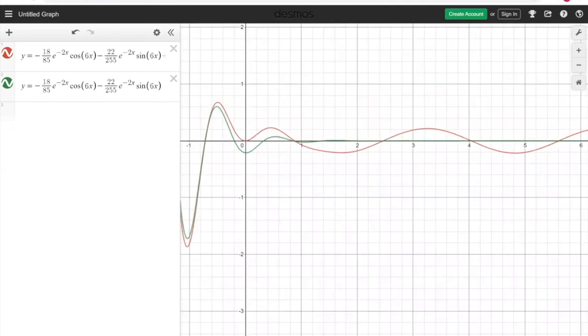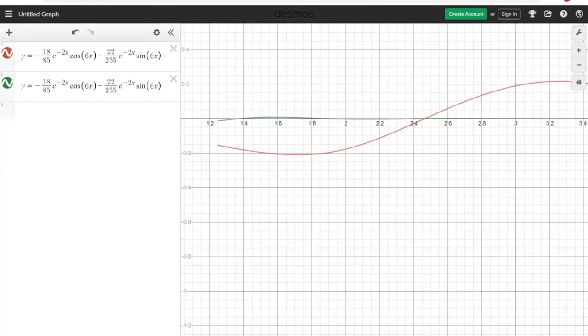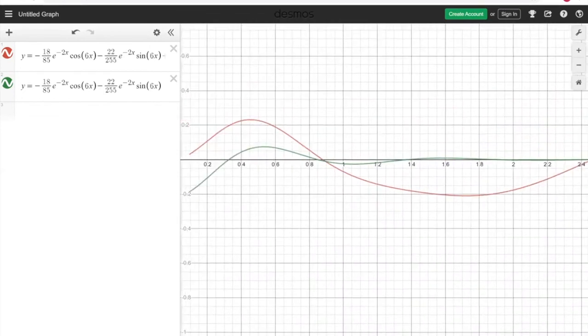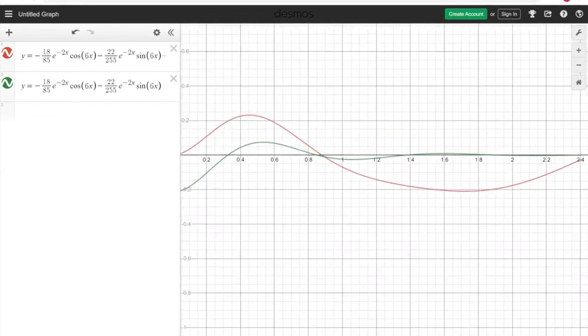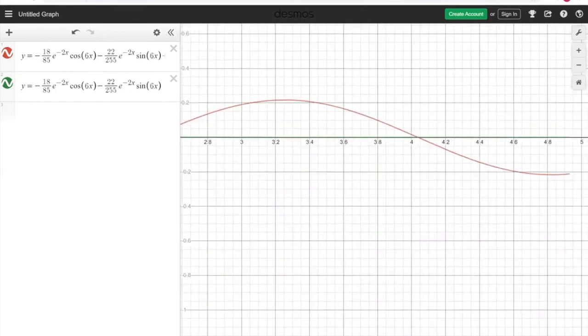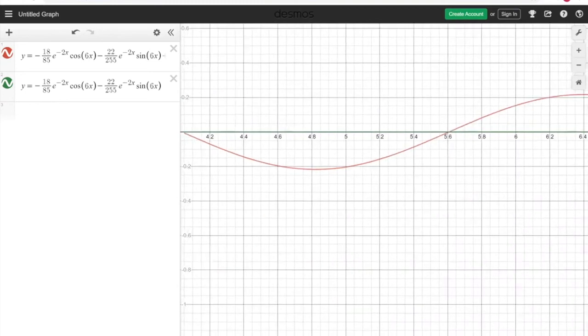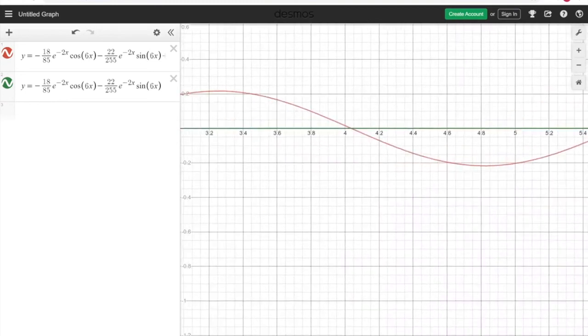This green one is the transient solution part, right? As you can see in this graph, at the beginning there is some effect, but finally it looks like it converges to 0, right? That's why I said transient means whenever t is increasing, that goes to 0, because the transient solution part includes e to the minus 2t, right?